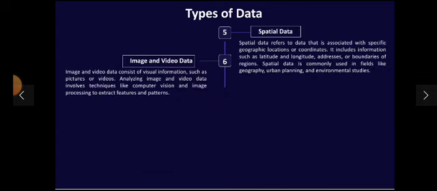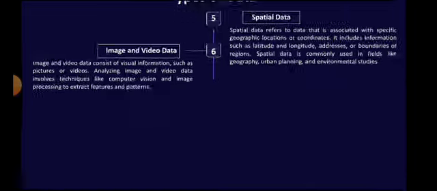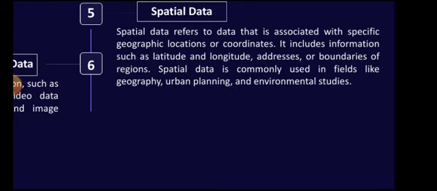spatial data. Spatial data refers to data that is associated with specific geographical location and coordinates. It includes information such as latitude and longitude, addresses, or boundaries of regions. So spatial data is commonly used in fields like geography, urban planning, and environmental studies.